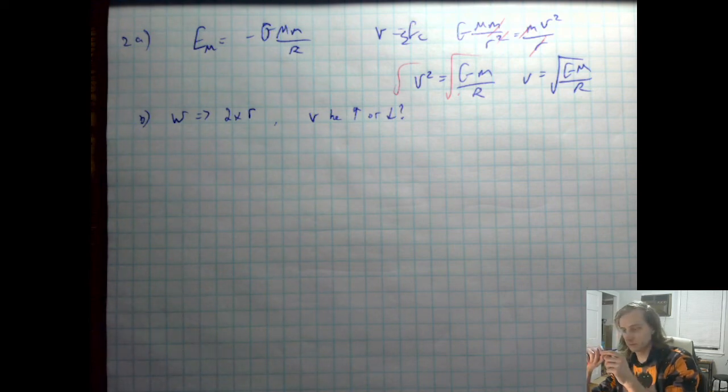So, yeah, because you're supposed to slow down to go into a tighter orbit and speed up to go into a wider orbit. Oh, well. Okay.